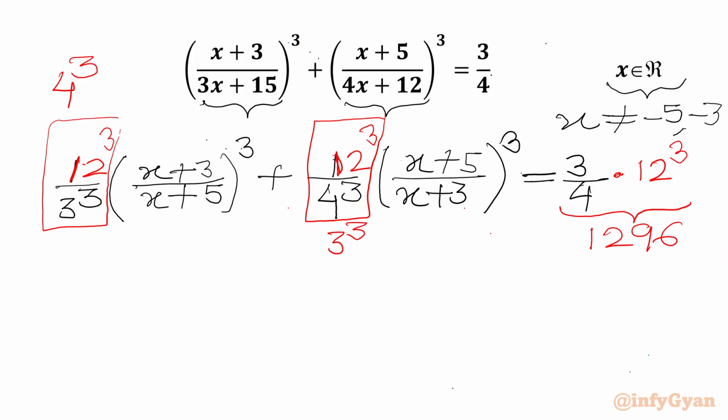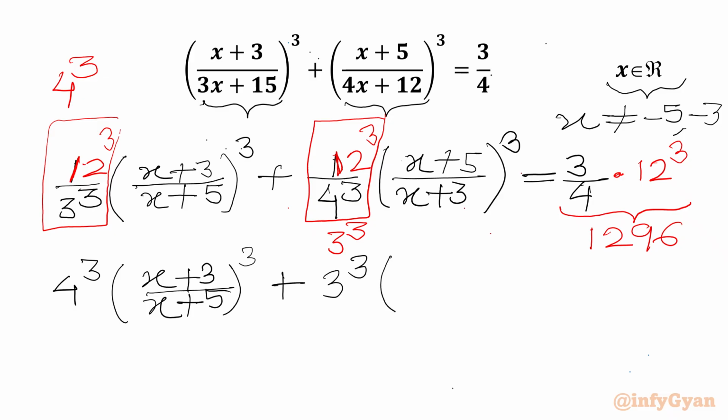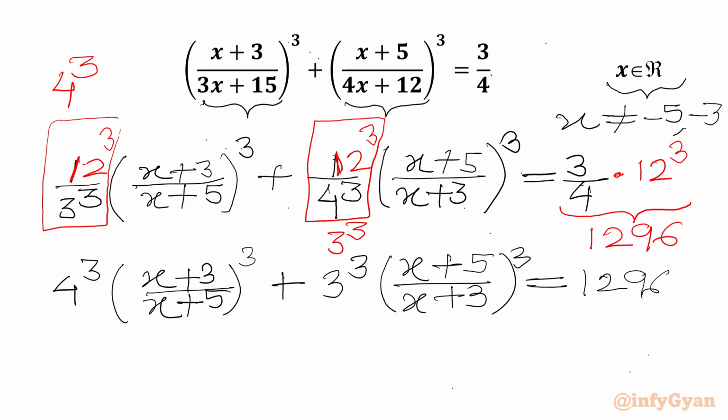So our equation will become, I will write 4 cube times x plus 3 over x plus 5 whole cube plus 3 cube times x plus 5 over x plus 3 whole cube equal to 1296. Now I will club or consider this 4 power 3 into the bracket.